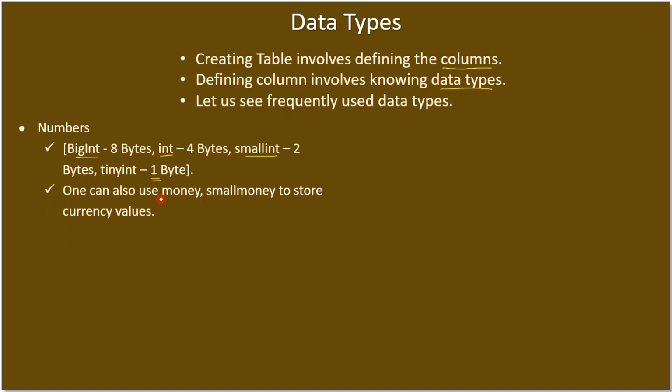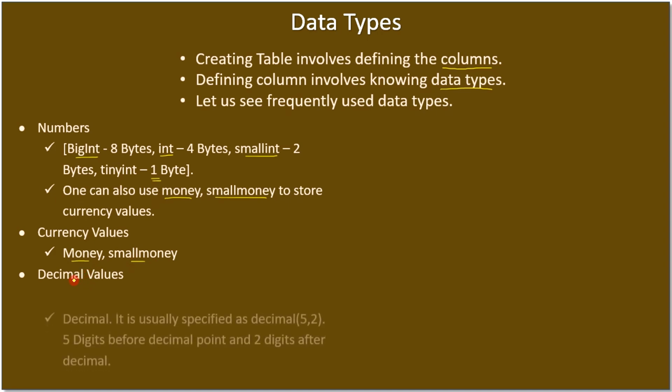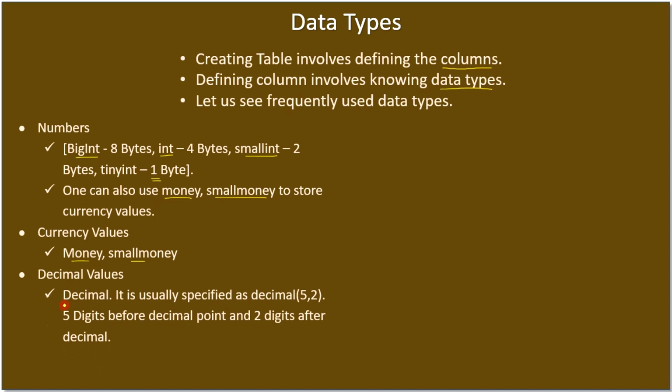One can also use money or smallmoney to store currency values. These two data types are specially for storing currency values. We can also store decimal values, and for that it's good to use the decimal data type.